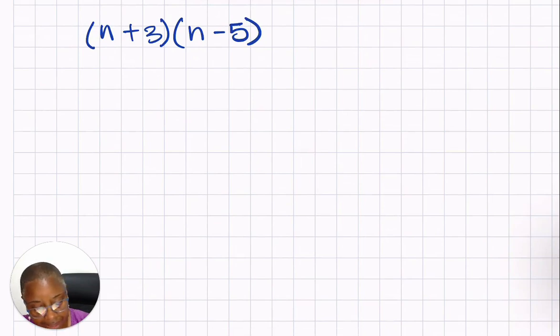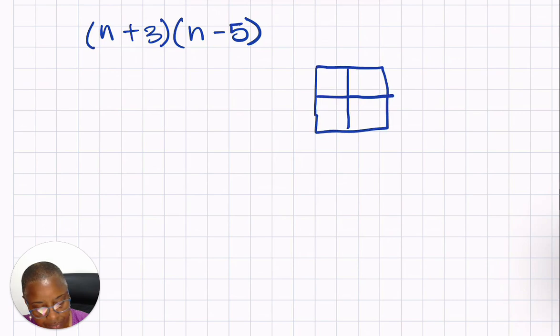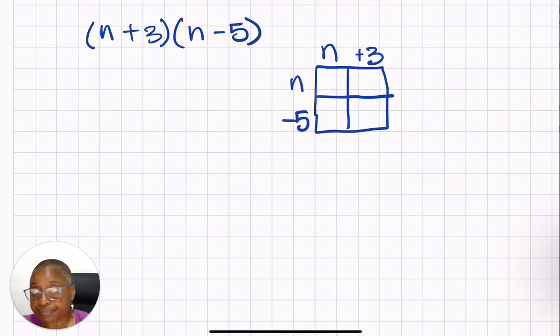In the grid method, I draw a grid. I put the n here, this n, and this 3 in each of the columns of the grid. And then I have the n and the -5 along the rows of the grid.